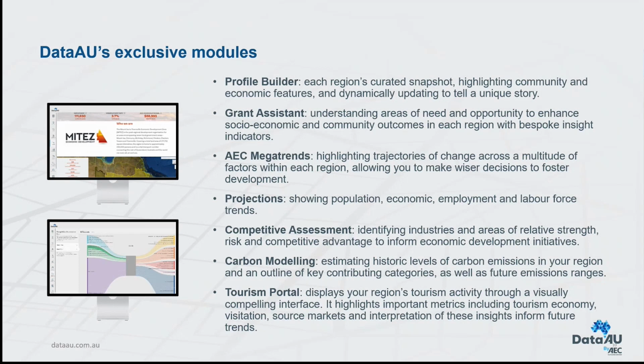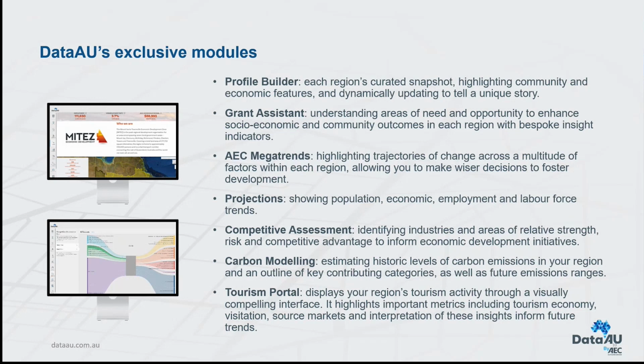We've also created a grant assistant. Now, I would also call it a data assistant. It's an intuitive way to access a range of different insights across areas of interest. So, for example, if you're looking to apply for a grant, or there's a range of funding programs that you have interest or visibility on, perhaps you're looking for information on housing affordability and supply in a particular region, or resilience for healthcare and provision of healthcare services.